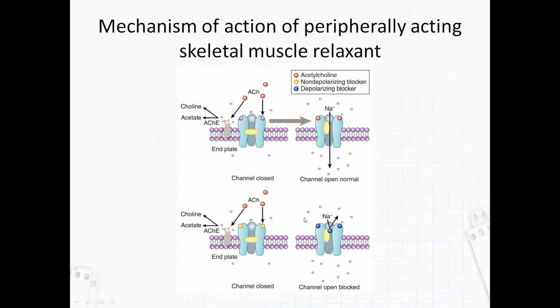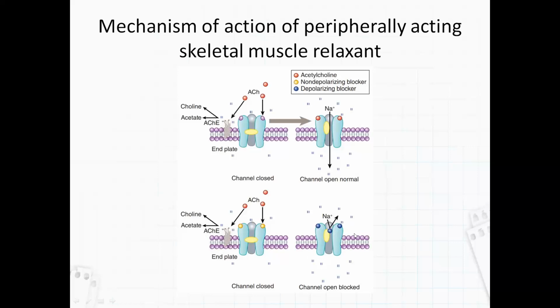But this condition is in the case of depolarizing blockers. Depolarizing blockers continuously act like acetylcholine. They will keep on depolarizing, but at some point, due to continuous stimulation of the muscle, the receptors get desensitized, and the gate will also be blocked.